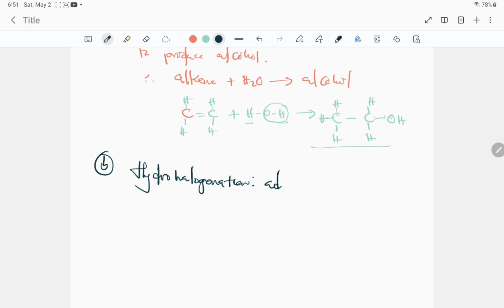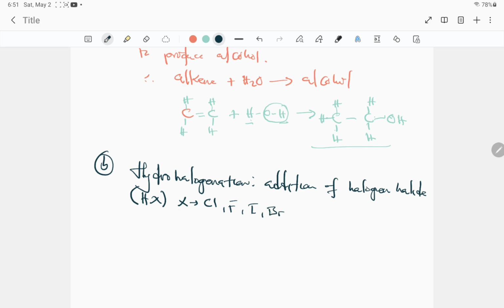So addition of hydrogen halide, it is H, we put X. This X represents chlorine, fluorine, iodine, bromine.